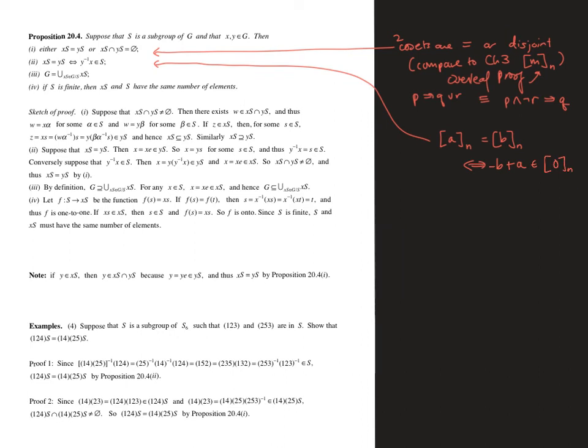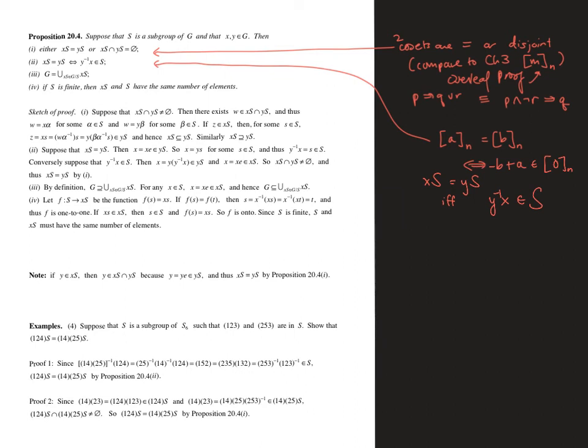That's an additive way of talking about what number 2 is saying. It's saying that these two cosets, xS and yS, are the same if and only if you take x, multiply on the right by y inverse, and you get an element of the set S. And that's the logic that goes behind that proof.